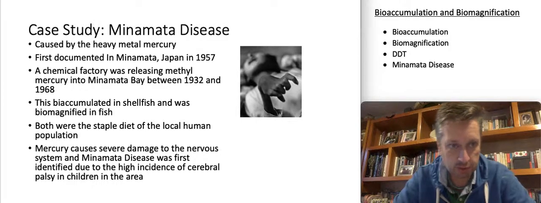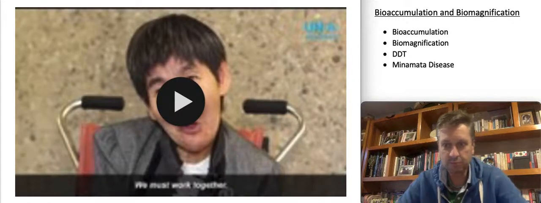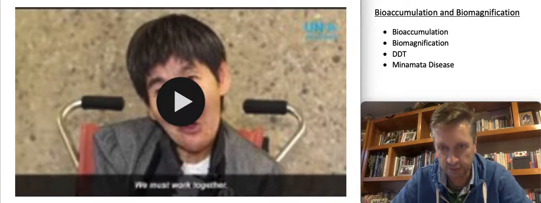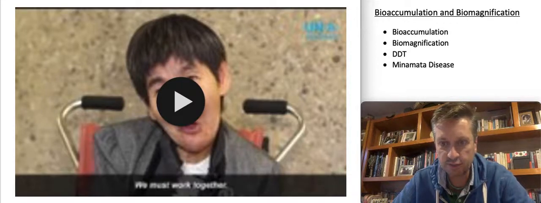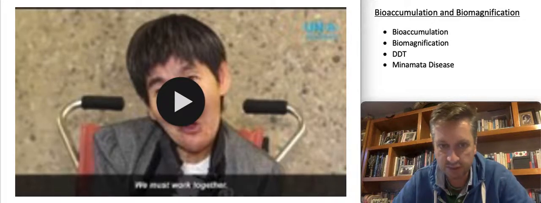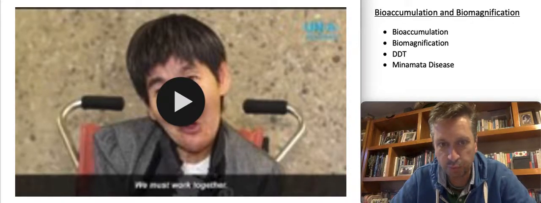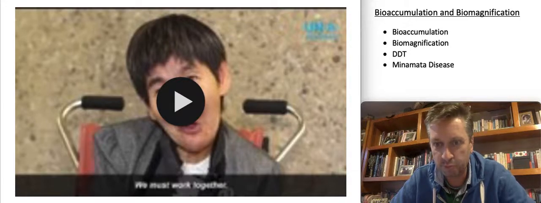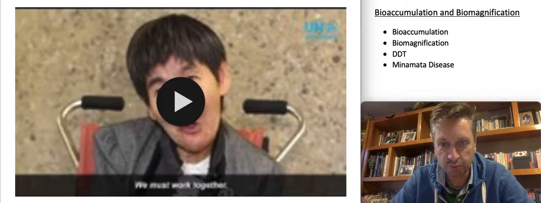I'm going to finish by showing you a video, and I hope it's visible, especially the subtitles here. This lady is Shinobu Sakamoto, and she is a survivor of Minamata disease. She was actually from the town of Minamata, and she was born with Minamata disease. It was passed to her from her mother in the womb, and she became a very prominent activist for victims of industrial pollution.